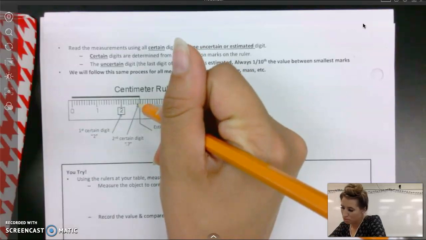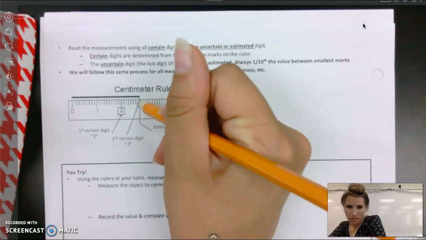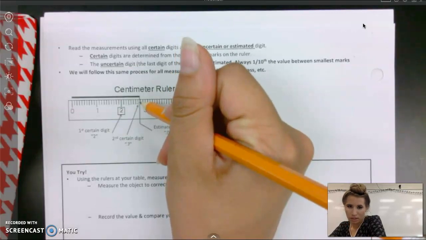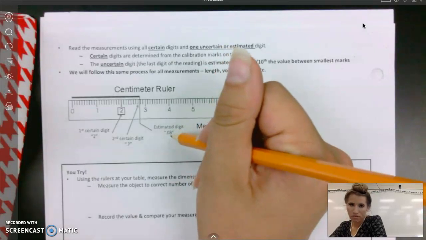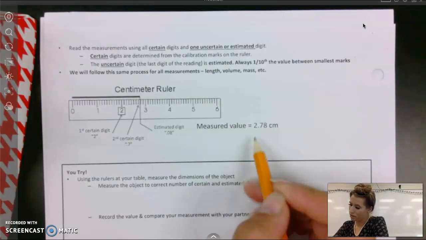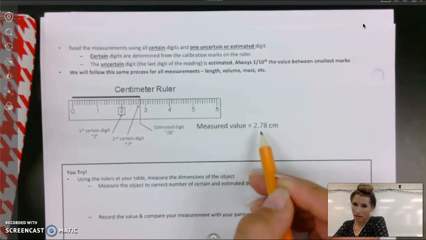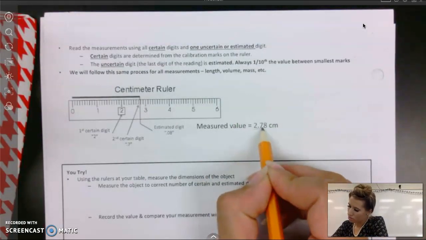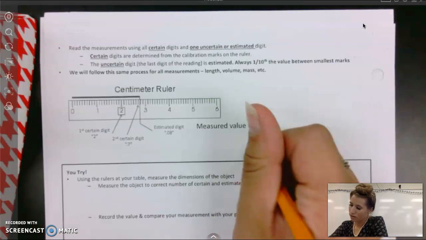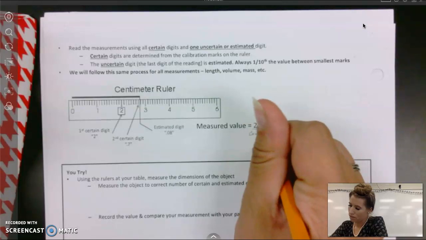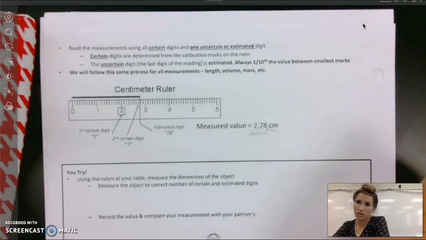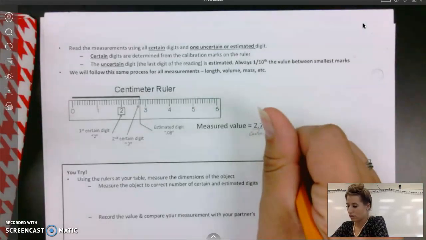We're certain we're past the 0.7, and now we're going to make an estimation between those smallest calibrations, and I think that's 8/10 of the way to the next calibration. So our measured value would be 2.78. There's my certain, okay? And then that one digit. And that's always how it's going to be. Only one digit at the end is your uncertain or your estimated.